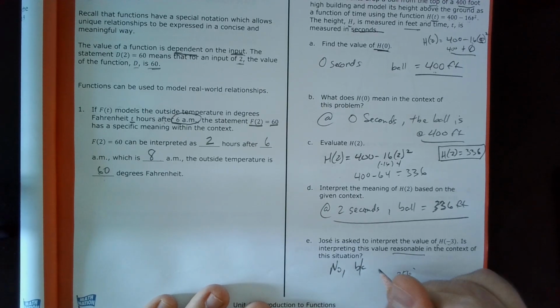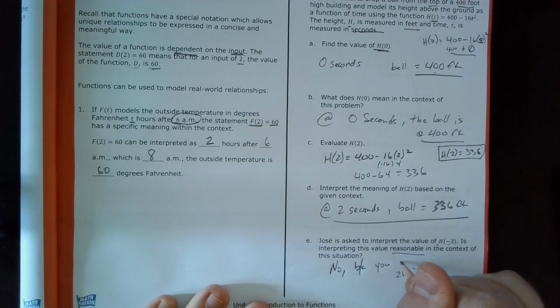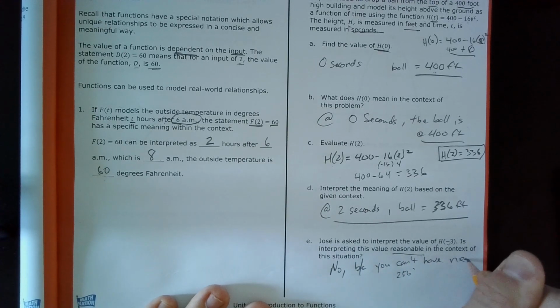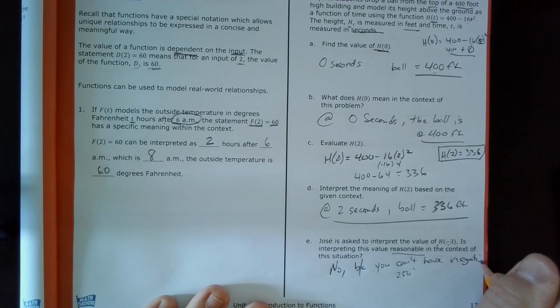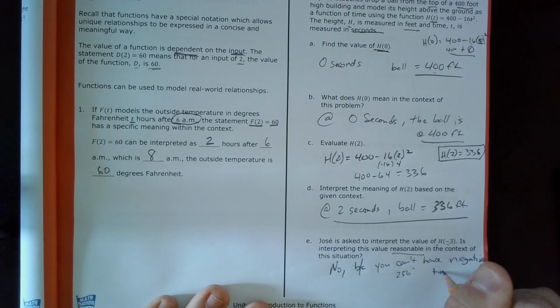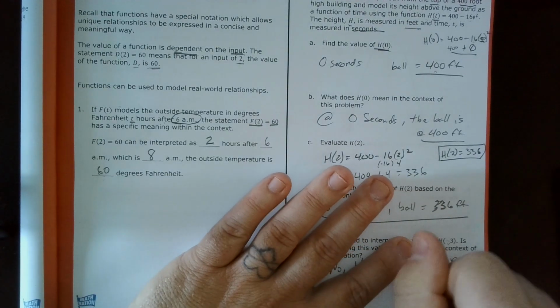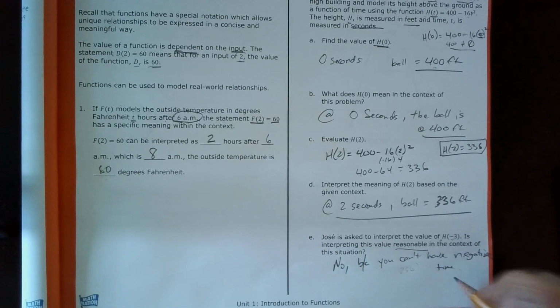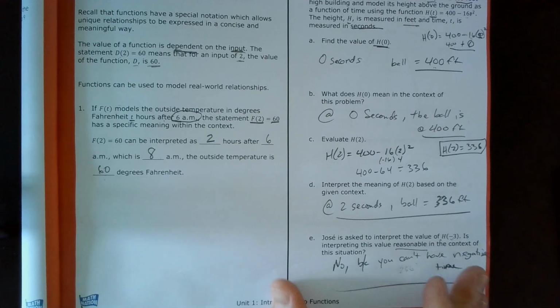Because you can't have negative time. We worked it out in class, and that's what we got. So you can't go backwards in time, so you can't use a negative number in this particular function.